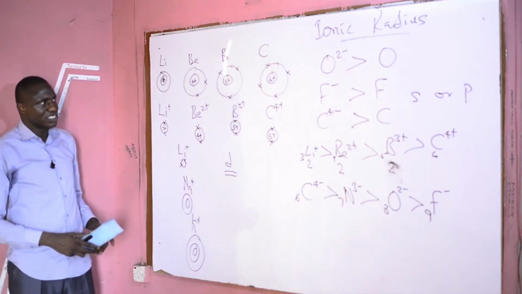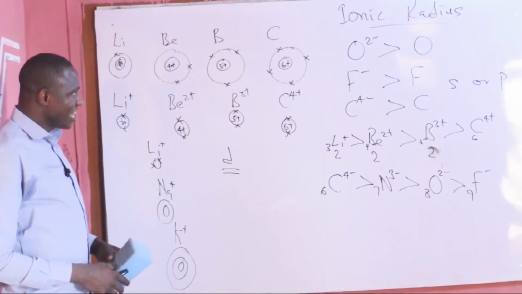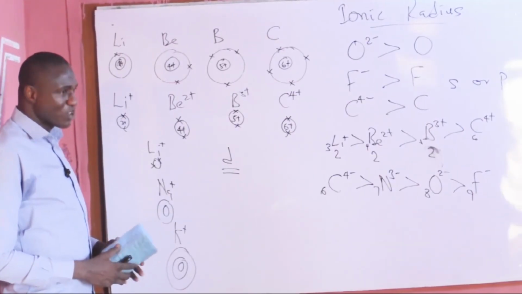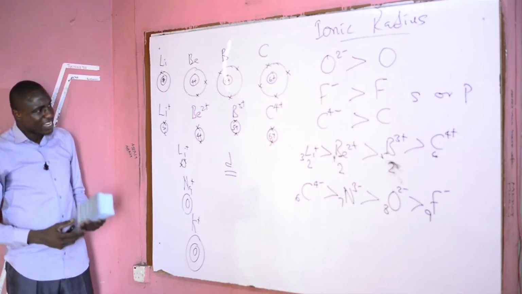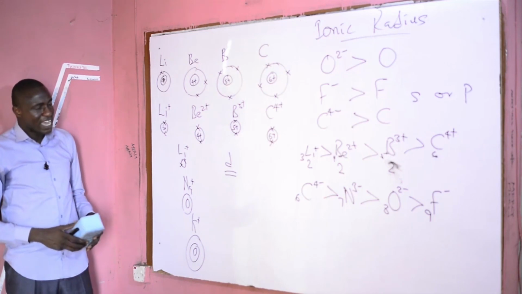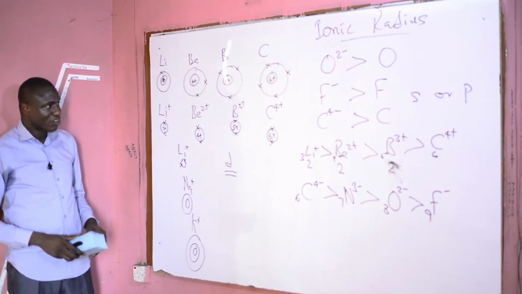So these are the questions that need to be answered by you as chemistry students. And I believe you have learned one or two things in today's episode. In our next episode, we are going to consider another thing entirely still under this season, and that might be the last episode of the season.